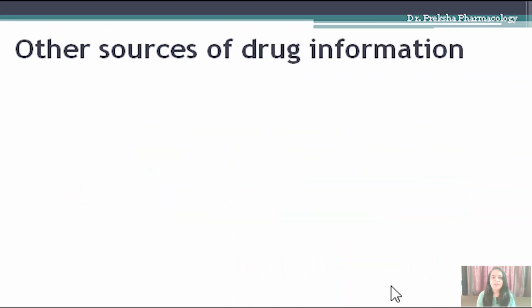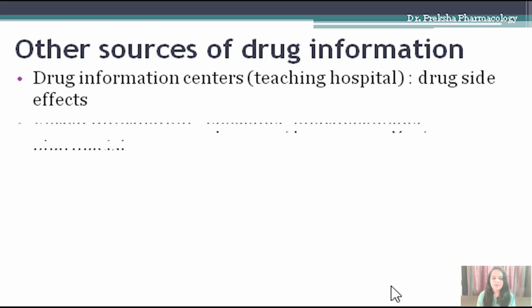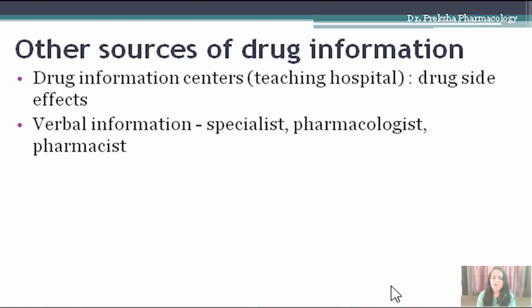Now coming to the other sources of drug information. Drug information centers, which are usually in tertiary care teaching hospitals, provide information about drug side effects. Then there is verbal information that you can gain from a specialist, a pharmacologist or a pharmacist.